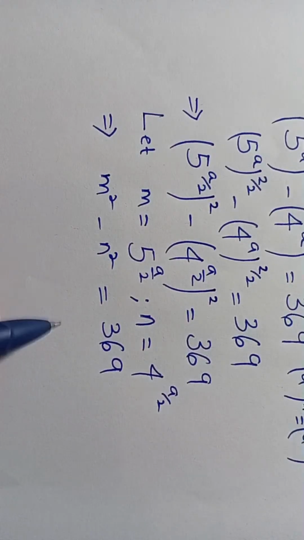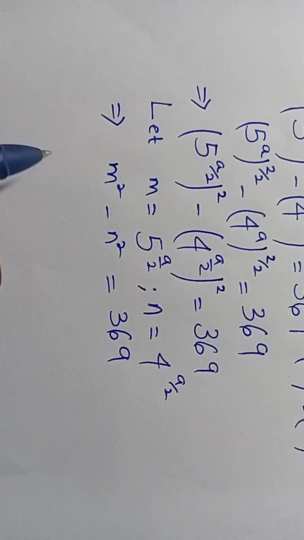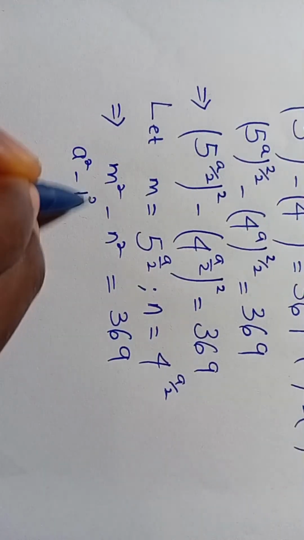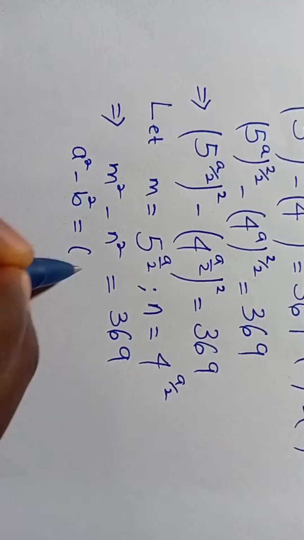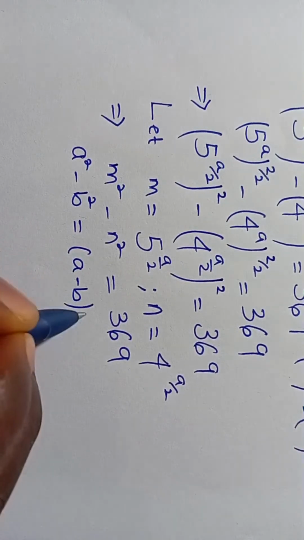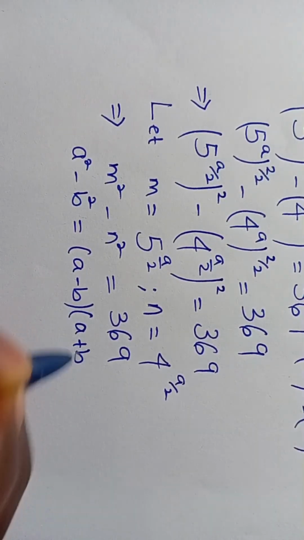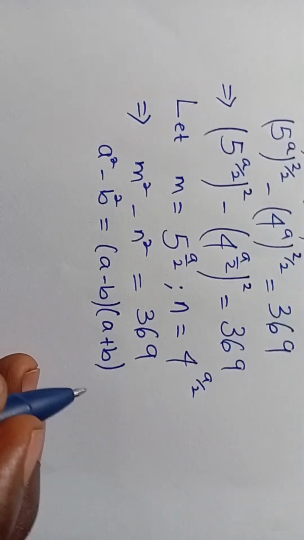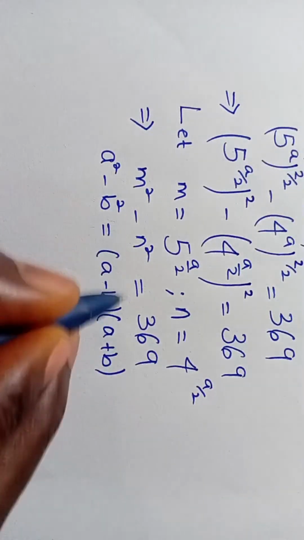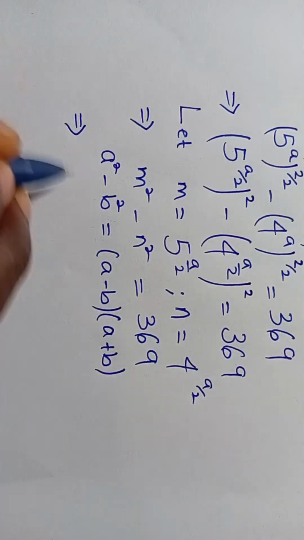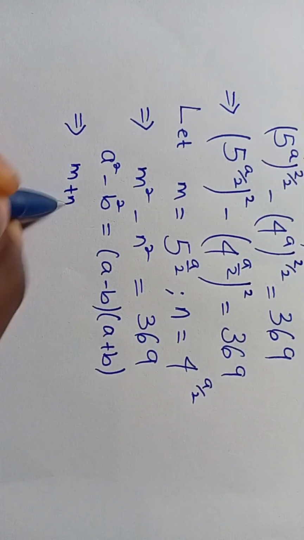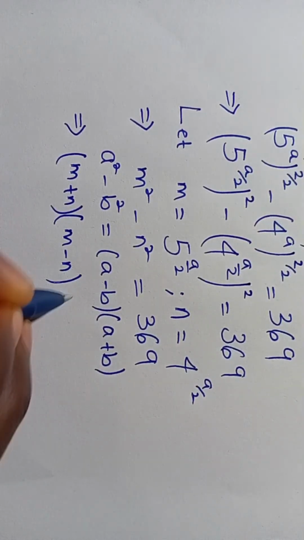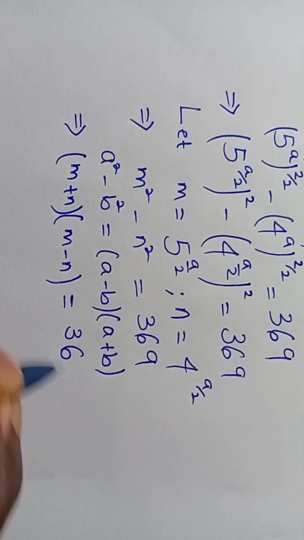So, let us recall the difference of two squares: a squared minus b squared equals a minus b times a plus b. So now, when you apply it here, we are going to have m plus n times m minus n equals 369.